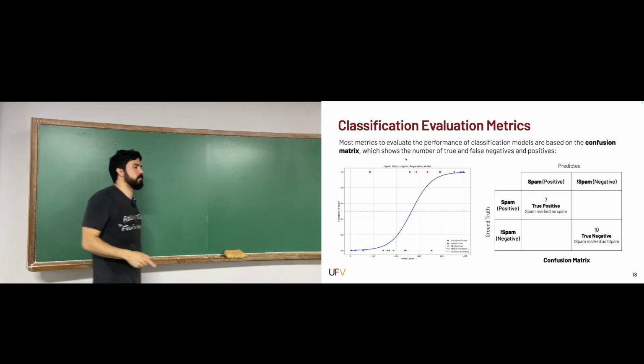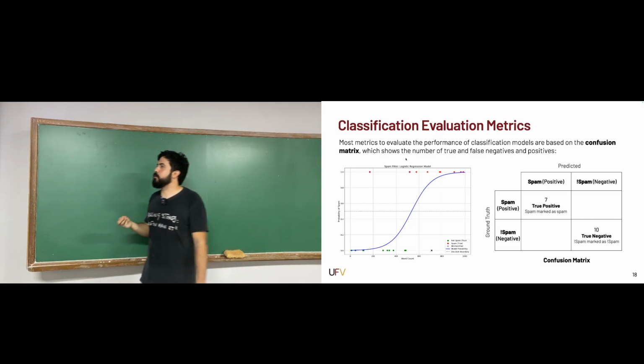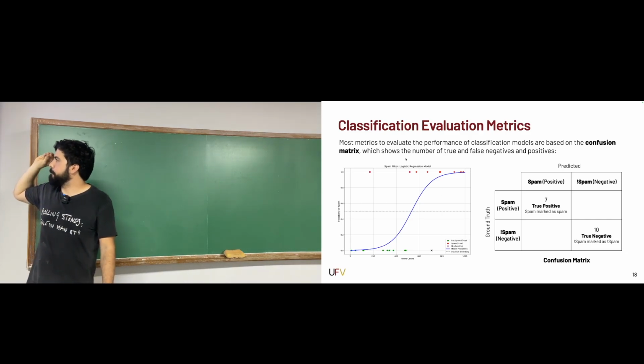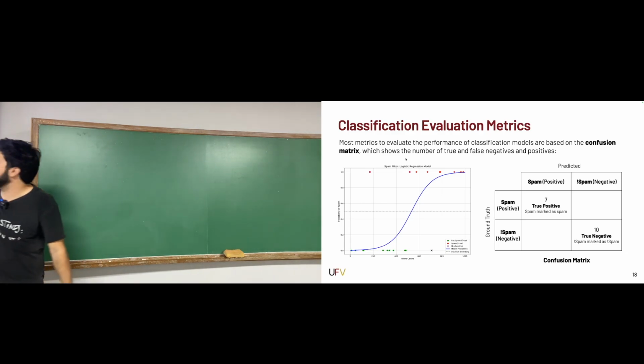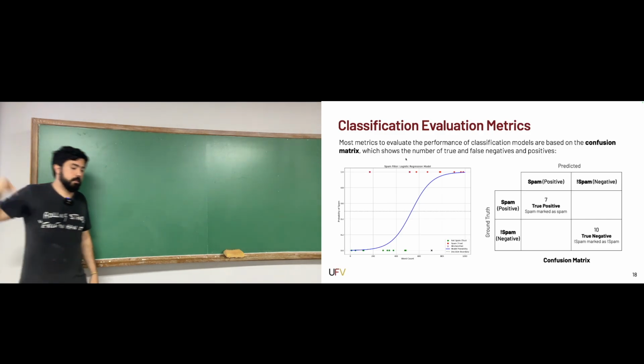We call these the true positives. So there were 7 points in my data set that were spams that my model predicted correctly.